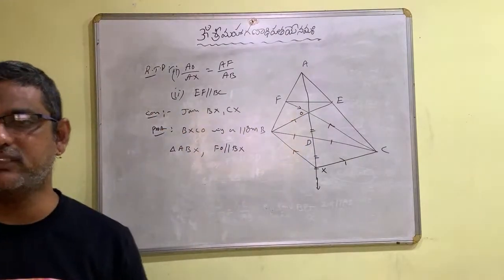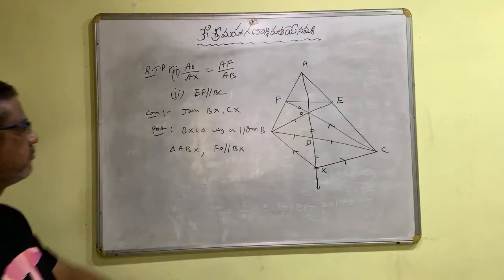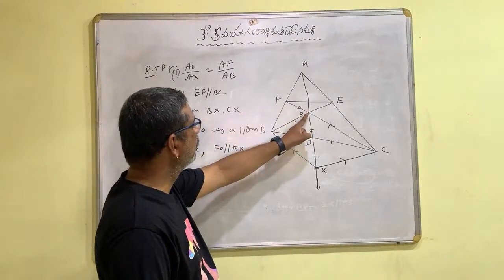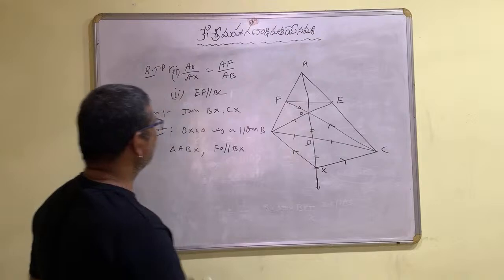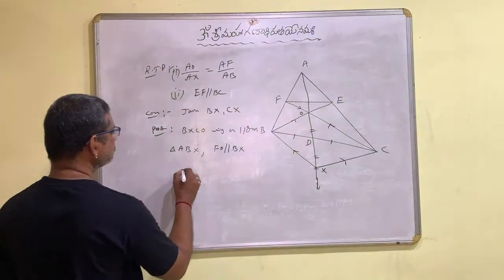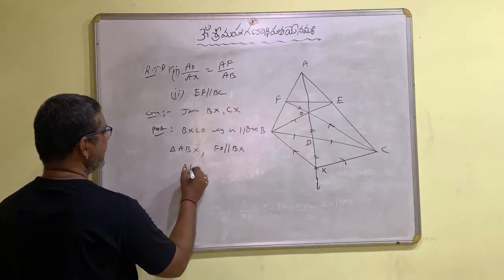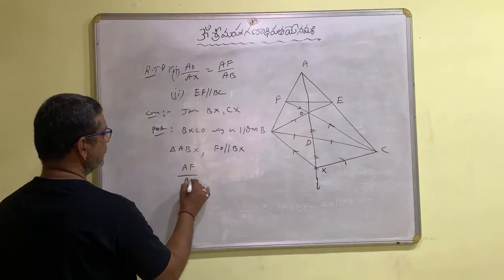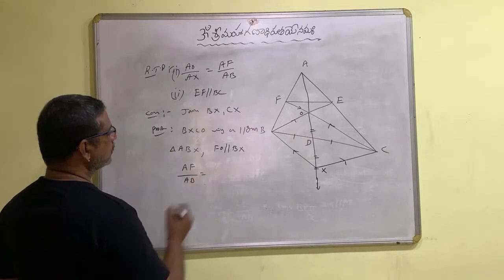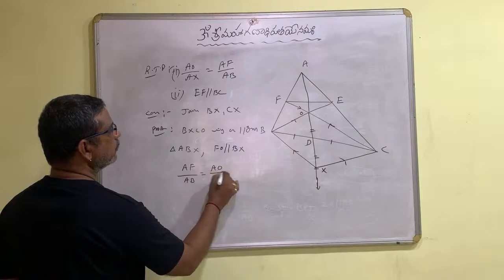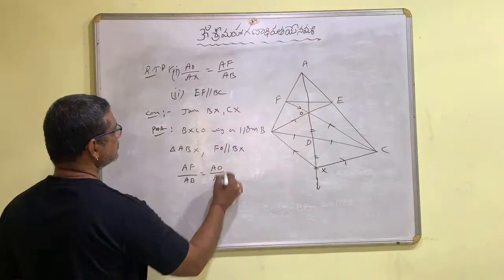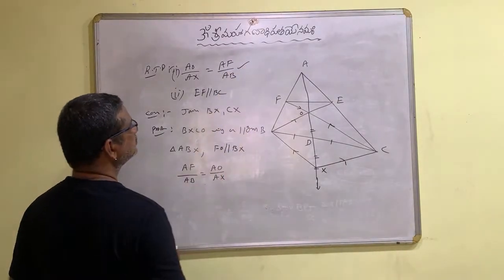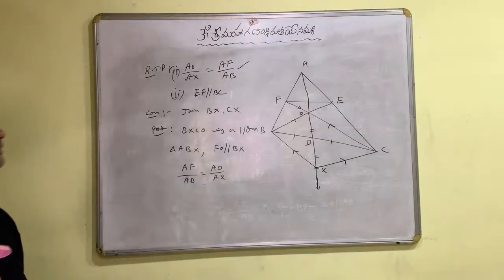I am not saying the reason, you know it clearly. FO parallel to BX. So what can I write? AF by AB is equal to AO by AX. Done. First one done.